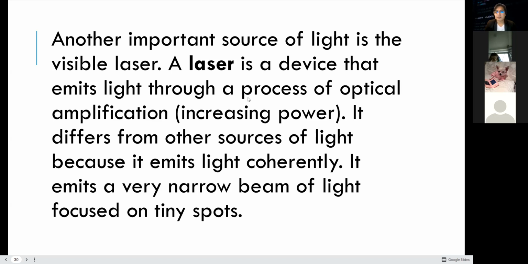Until now, laser has a lot of uses, even in the field of medicine and in industries, like manufacturing devices.